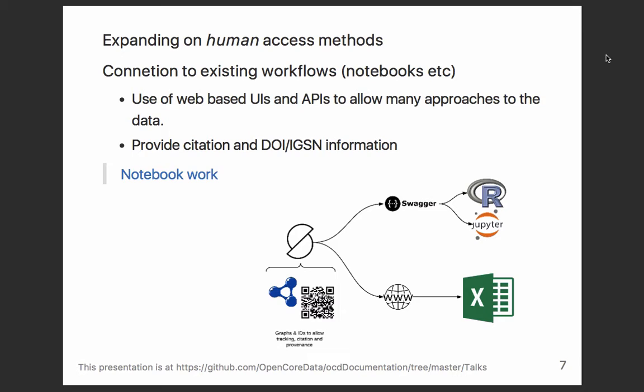With regards to the human workflow, as we see things like Jupyter Notebooks and R and other things becoming more and more popular, we wanted to make sure that we allowed a mechanism that was easy to use in those environments to get data in bulk out of open core data and into things like the data frames and other approaches that are being utilized in those notebooks.